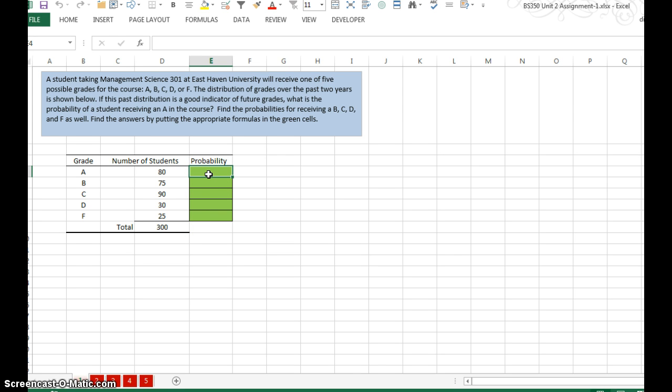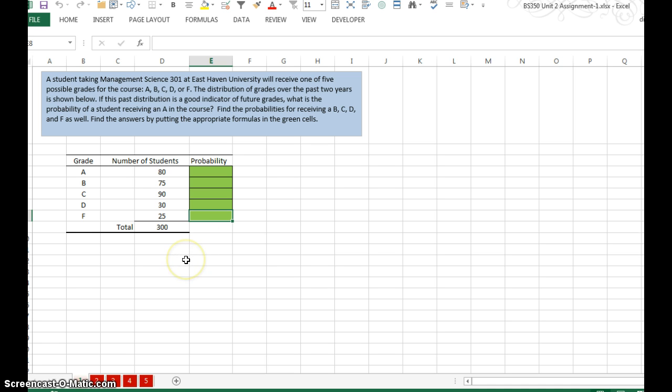To calculate the probability, we're going to take the number of students who received each particular grade and divide that by the total number of students. So to determine the probability of receiving an A, we would take the number of students who got an A divided by the total number of students. And that response would go here. We would do that for each letter grade.